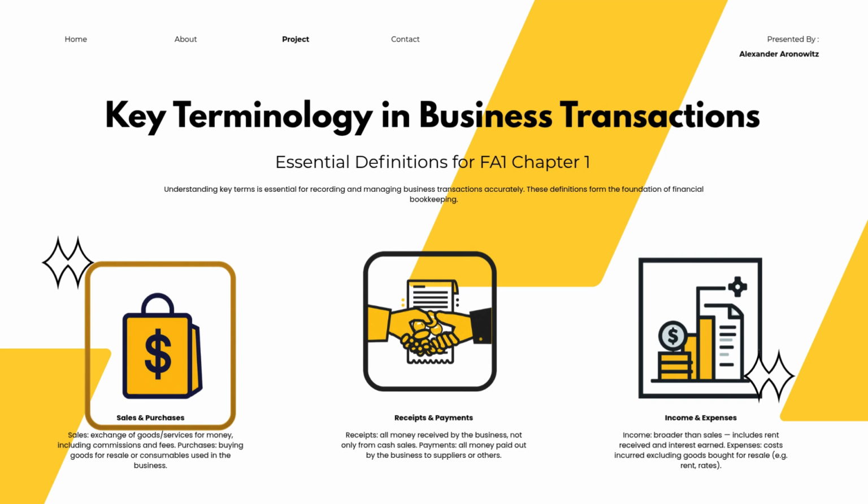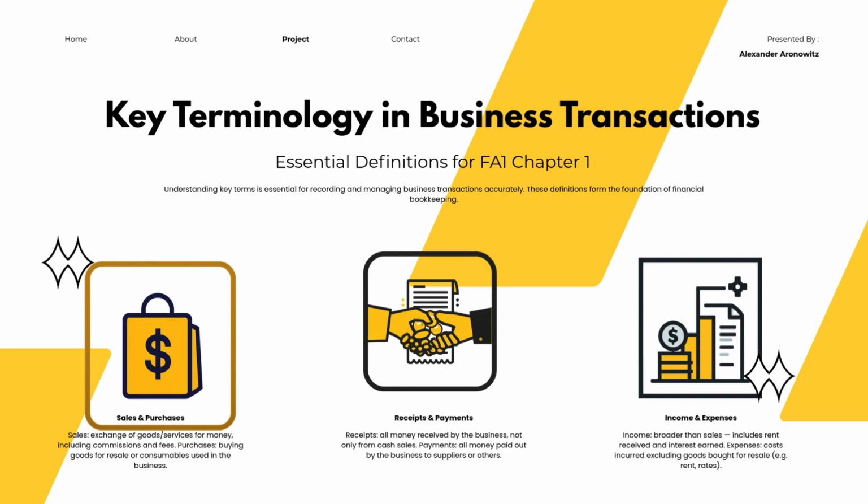They also include credit transactions, like you have an account receivable from one of your customers and he pays you, so it's a receipt for you. Payments means all money paid out by the business to suppliers or others. Payments means that when you buy something on cash or on credit from suppliers, you go and pay them.